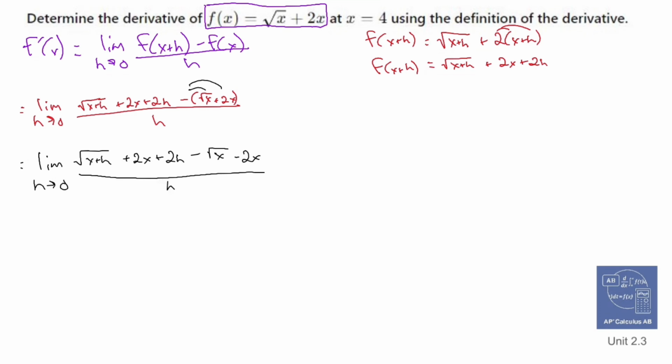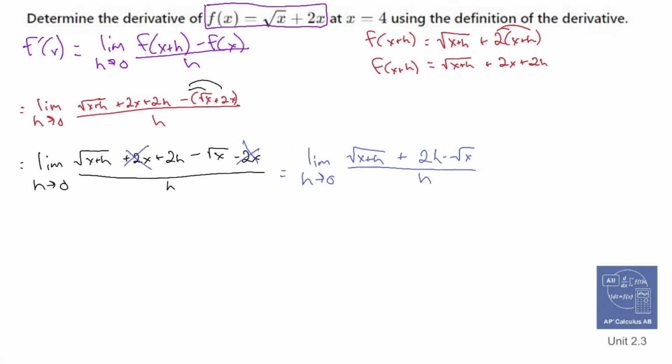So usually when this happens, we expect things to disappear, and that's exactly what's going to happen. So the 2x and the 2x disappear. So we have the limit as h approaches 0 of the square root of x plus h plus 2h minus root x, all over h.